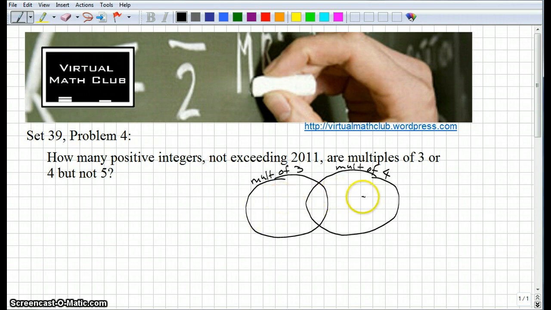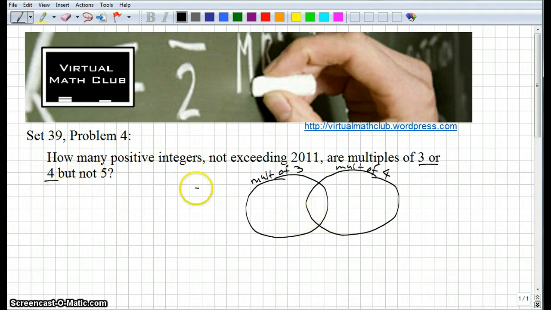No, but it is a multiple of 4. So if you're looking at 3 or 4, it's got to be either a multiple of 3 or a multiple of 4. It doesn't have to be both, but it could be. So the multiples of 3 or 4 are going to be the combined set. If this was 3 and 4, then it would just be the intersection. Does that make sense?